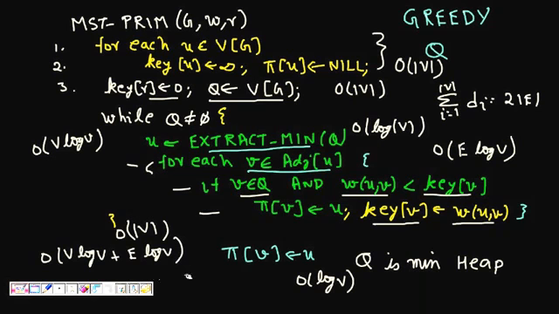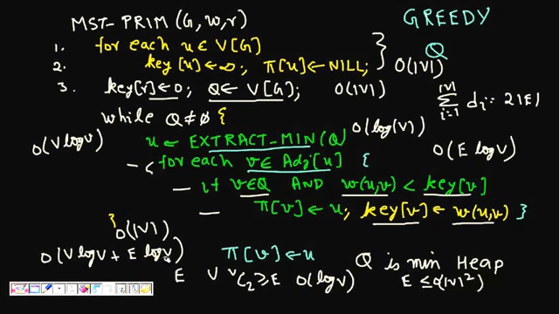Now if the graph is connected, is there any relation between E and V? We should have a maximum of V choose 2 edges, so this should be greater than or equal to E. It means E is less than or equal to mod V square, O of mod V square.